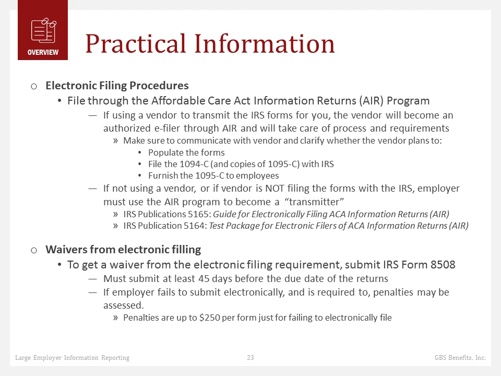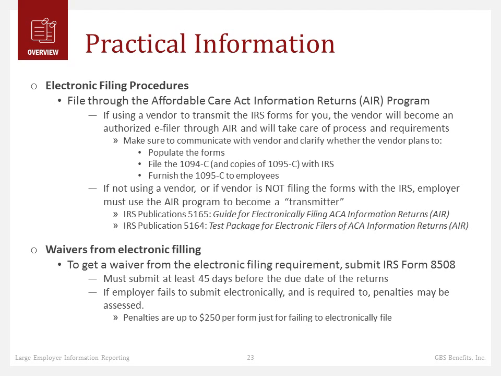There are waivers from electronic filing generally. Electronic filing, not electronic filling. Sorry about that misspell. So to get a waiver from the electronic filing requirement, you need to submit Form 8508, and you must submit at least 45 days before the due date of the returns.